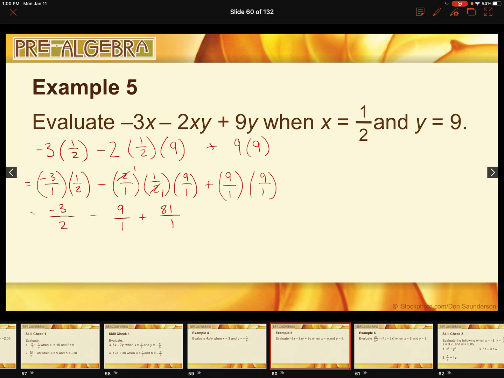Now, in order for me to solve this one, because I'm adding and subtracting, I need to have common denominators. So it looks like my common denominator is going to be 2. Now I'm going to rewrite my problem.